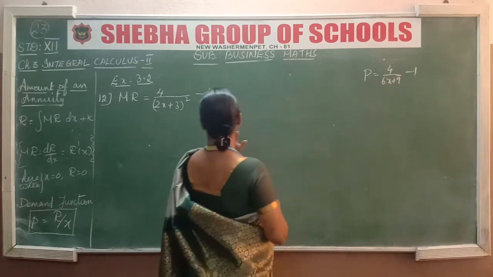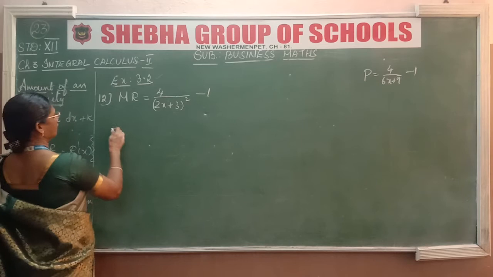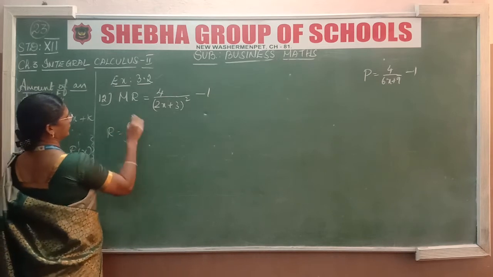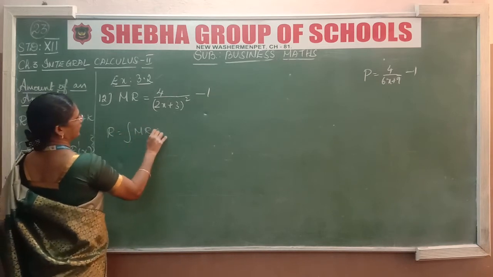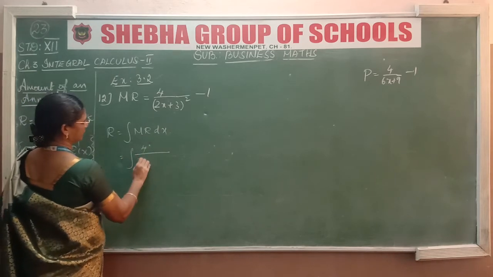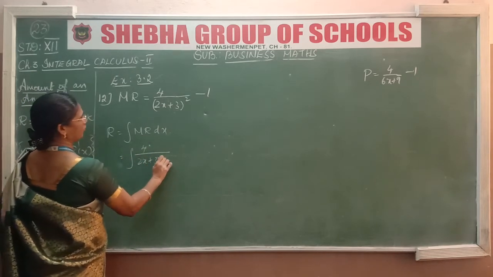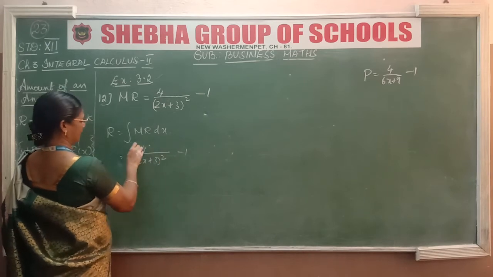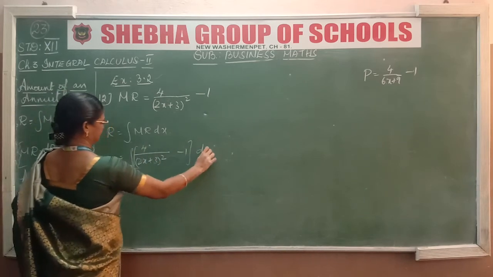Okay, first find R. So R equals the integral of MR dx, that is the integral of 4 by (2x plus 3) the whole square minus 1 into dx.